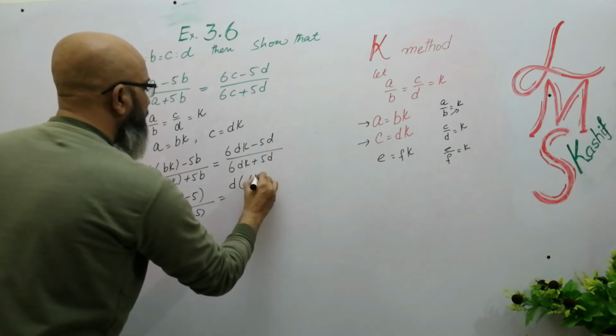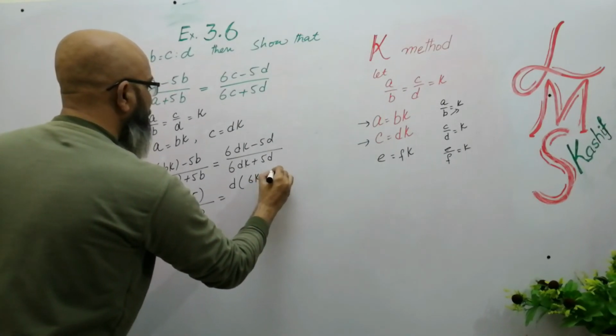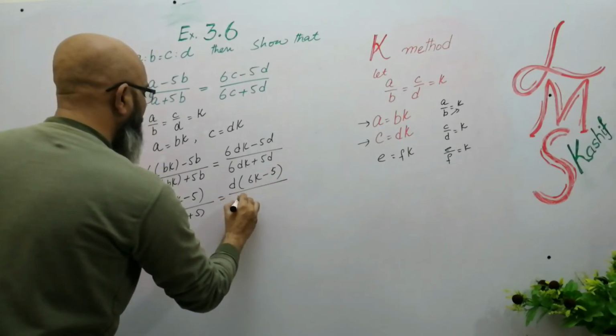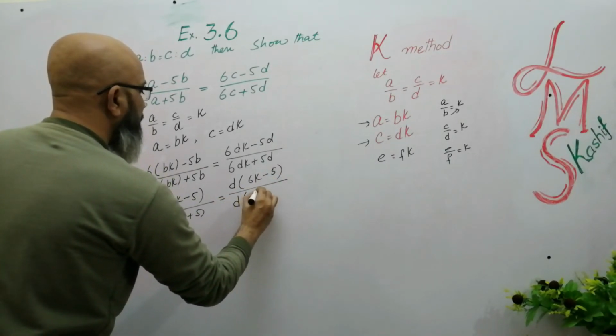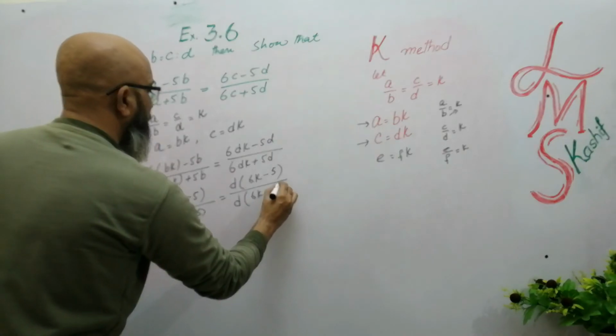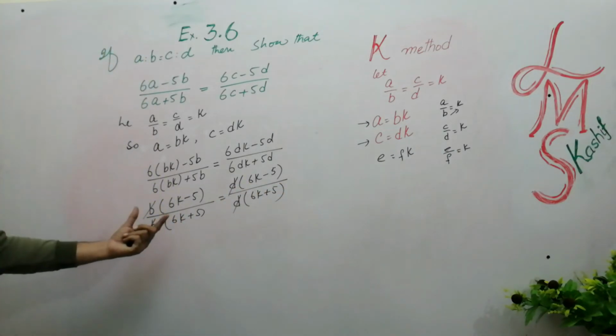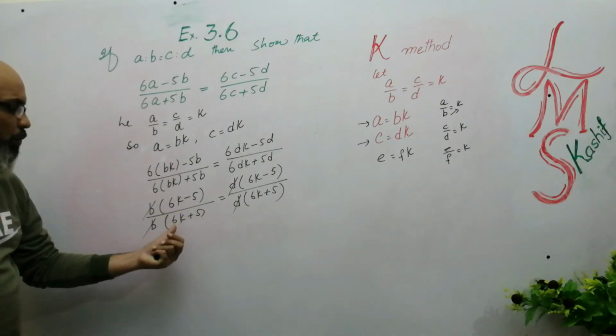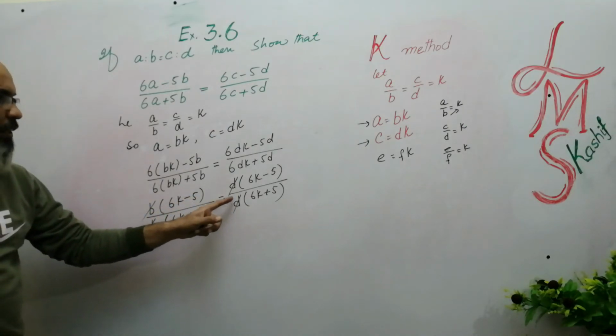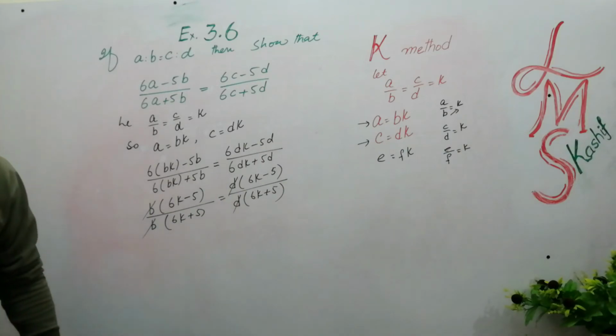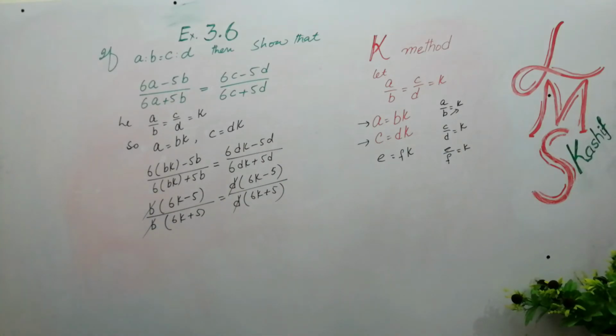So what we get, 6K minus 5. Similarly, D is common here, so 6K plus 5. D cuts with D, B cuts with B. So what we get, 6K minus 5 over 6K plus 5, that is equal to 6K minus 5 over 6K plus 5. Hence left hand side is equal to right hand side.